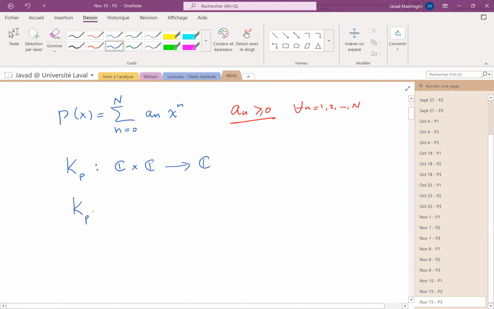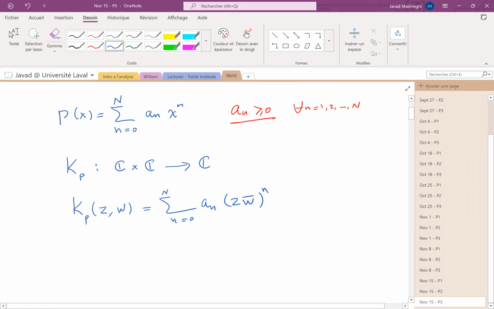K_P of Z and W is defined by the sum a_n (Z W bar), the combination that we had before, exponent n.